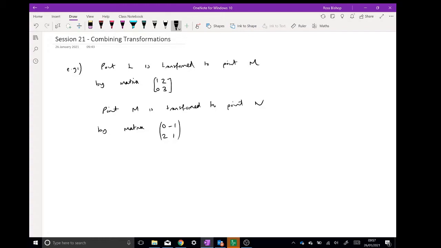Now the question is, what is the single matrix that would transform point L to point N? Okay, so how do we go directly from L to N and not have to do that intermediary step?